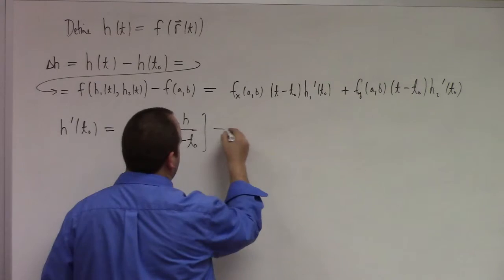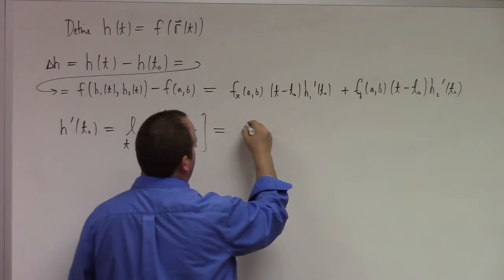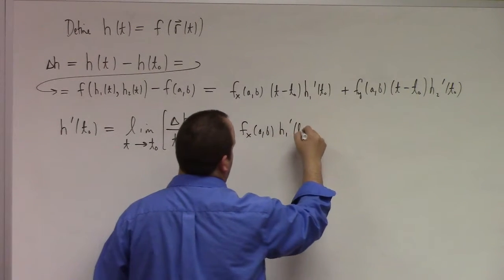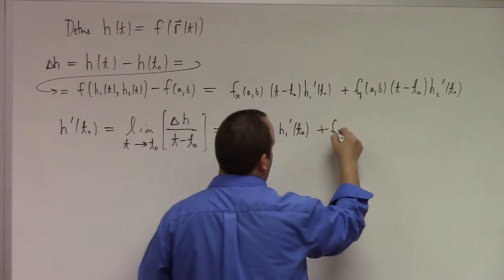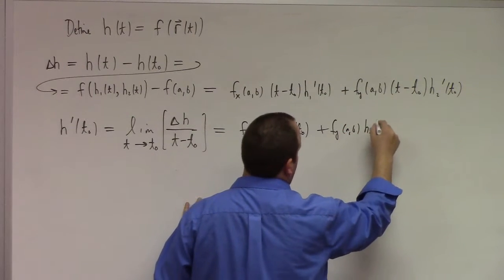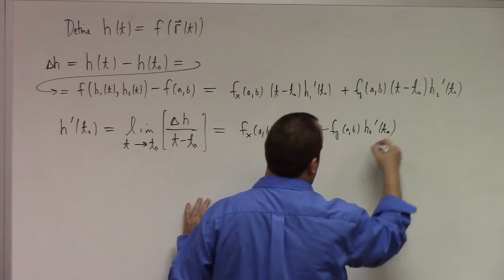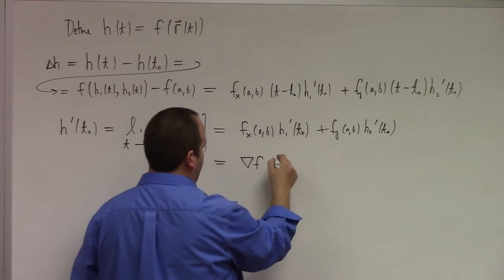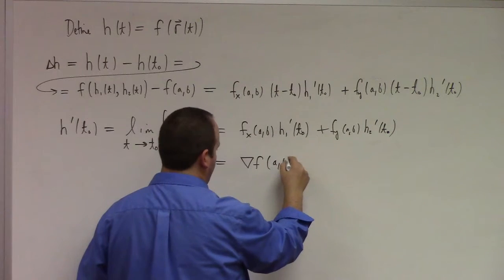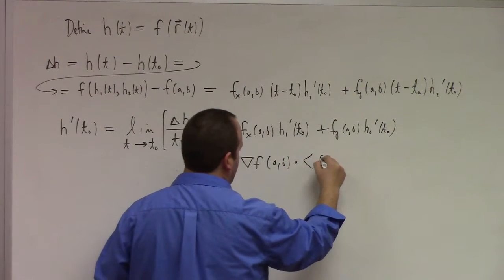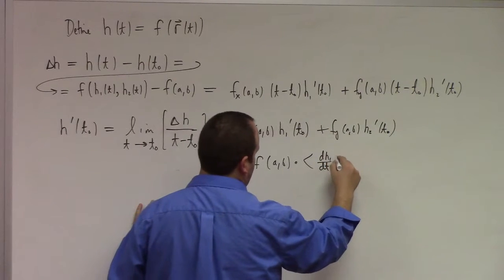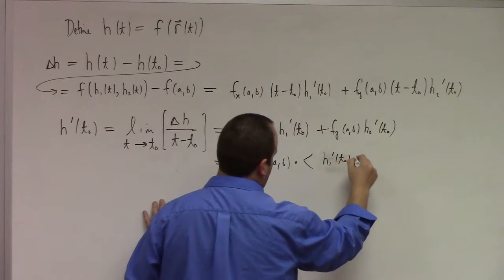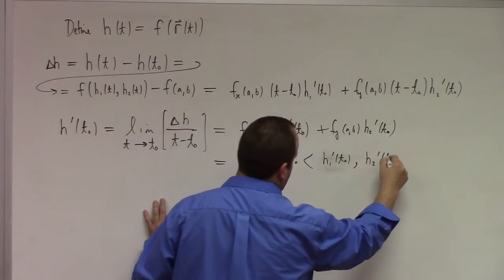Right? So the t naughts cancel, and you're left with fx of ab times h1 prime of t naught plus fy of ab times h2 prime of t naught, which you can recognize as the gradient of f at the point AB dotted with h1 prime of t naught, comma, h2 prime of t naught.